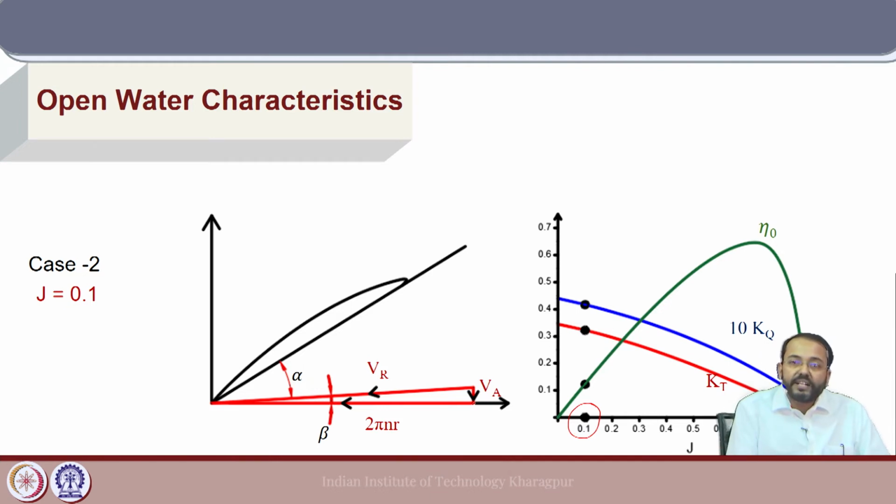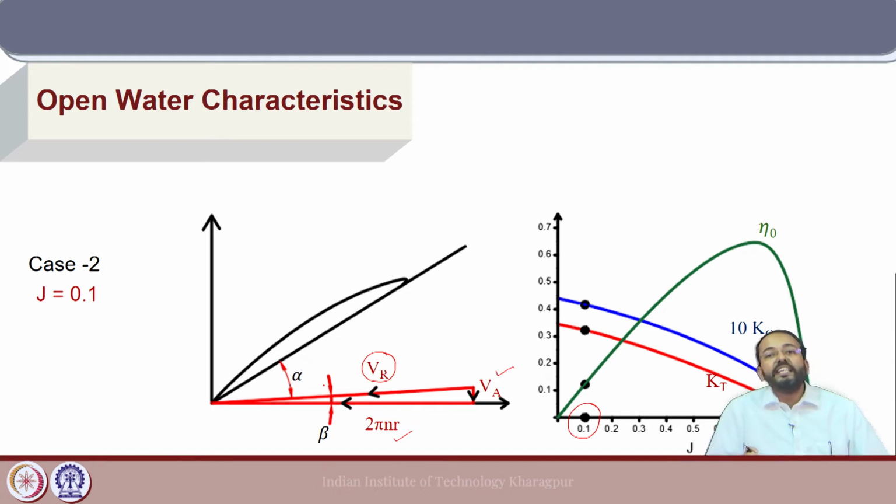Now, my blade element diagram is shown on the left. We have a small velocity Va apart from 2 pi Rn, and we have the resultant velocity Vr, which is inclined to the horizontal by a small angle beta. So, now alpha is reduced as compared to the previous value because of the axial velocity Va in the flow.